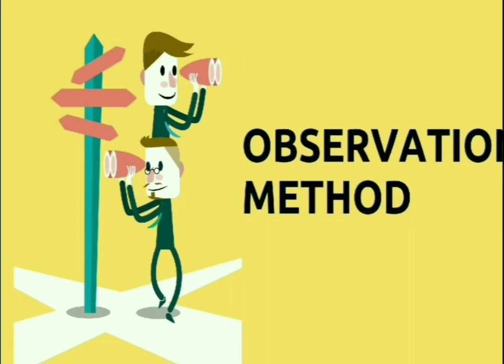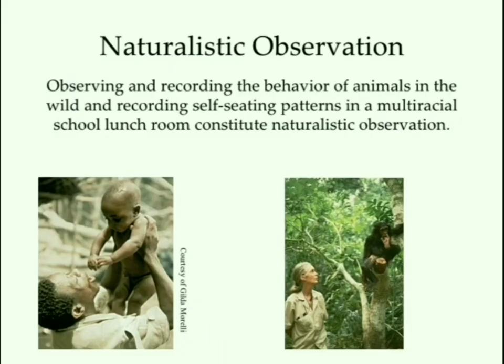Looking at the screen, I think you have guessed. One of them is naturalistic observation, observing and recording the behavior of animals in the wild. You see it in nature and you observe. You observe the animals, you observe the nature, and it is called naturalistic observation.